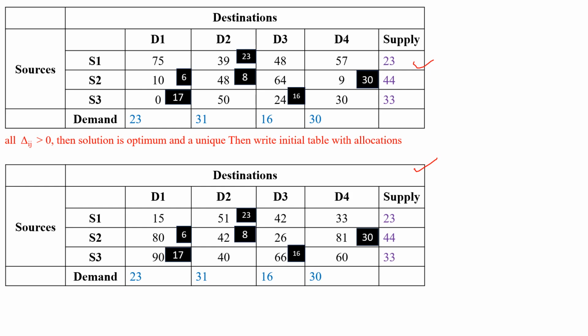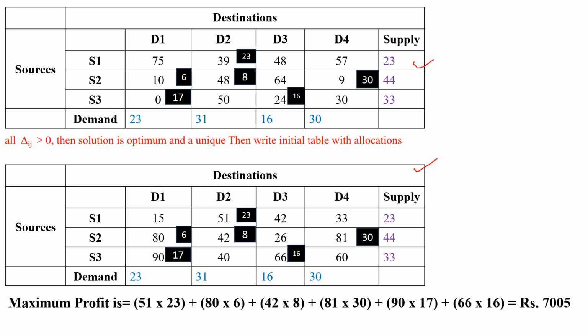The given problem is maximize, so we have to determine the maximum profit. The maximum profit will become 51 into 23 plus 80 into 6 plus 42 into 8 plus 81 into 30 plus 90 into 17, plus 66 into 16. Total is 7,005. So this is the solution, and thank you.